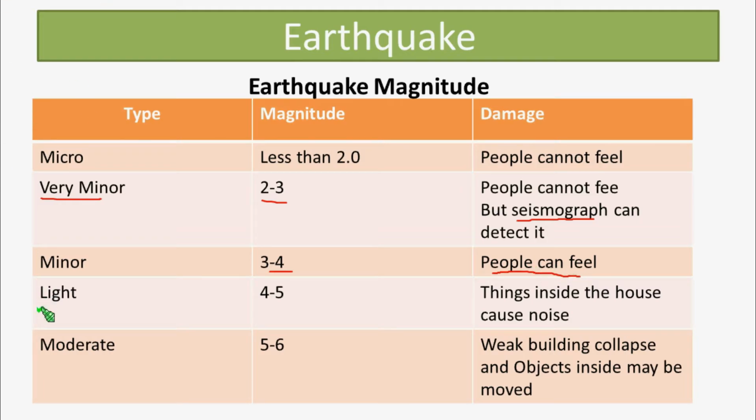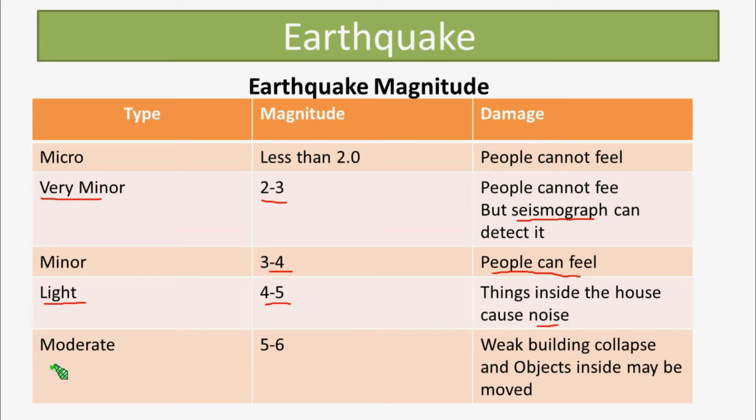Next intensity of earthquake is light earthquake. This is of 4 to 5 magnitude, and during this earthquake the things inside the house make noise. Like in the kitchen, things like utensils will start shaking and producing noise.